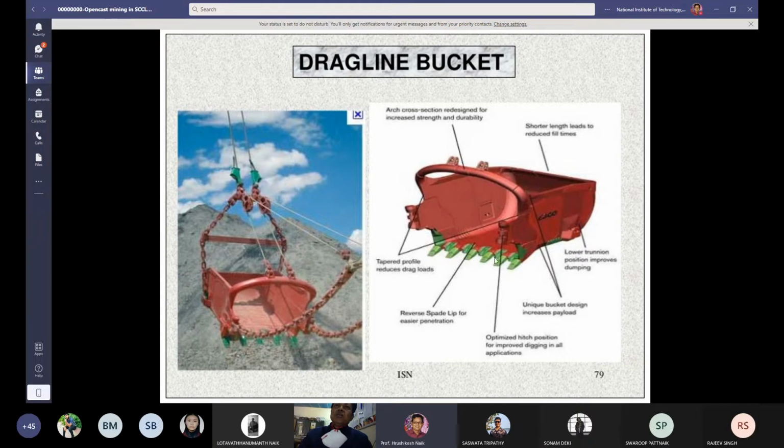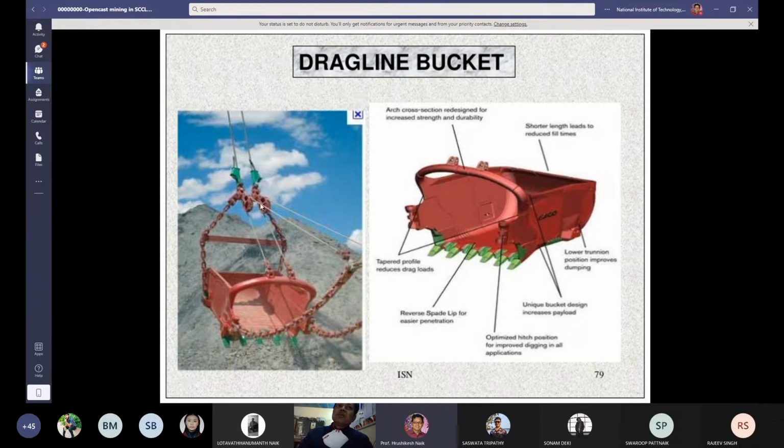material will be scooped. And the dragline bucket has several cables and chains for the purpose of scooping the material, raising the material, dragging the material, and filling the bucket.